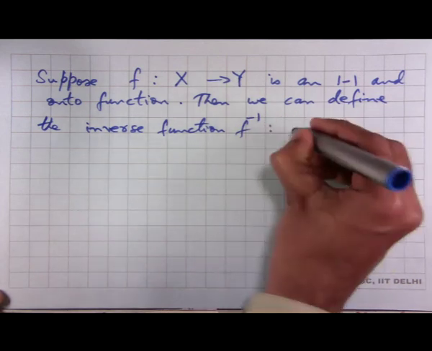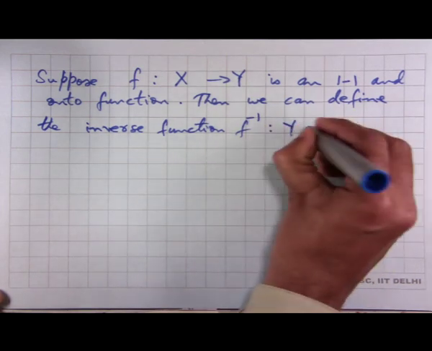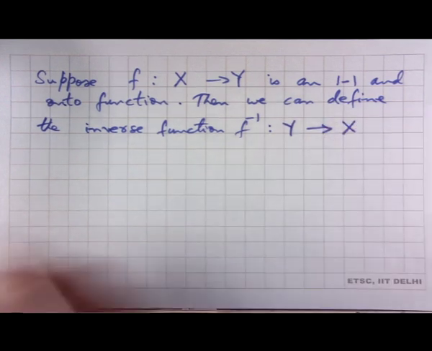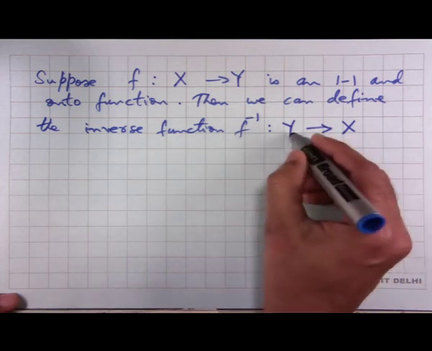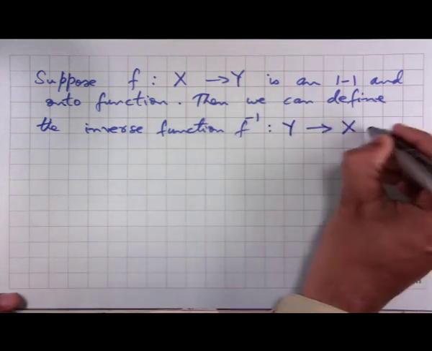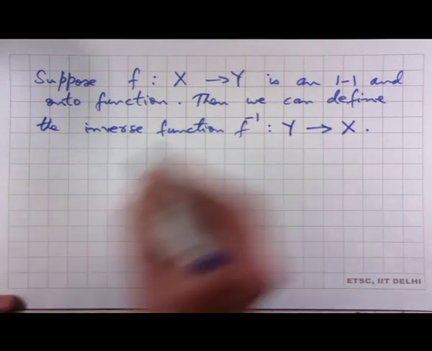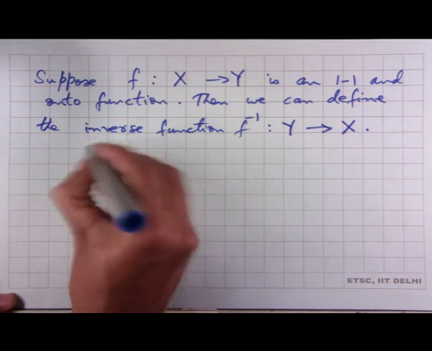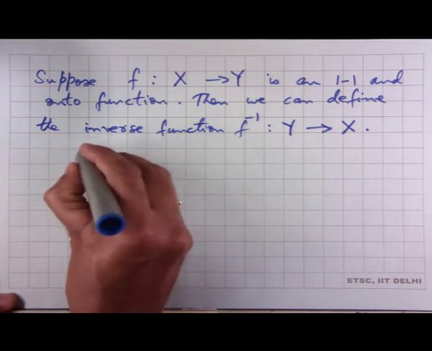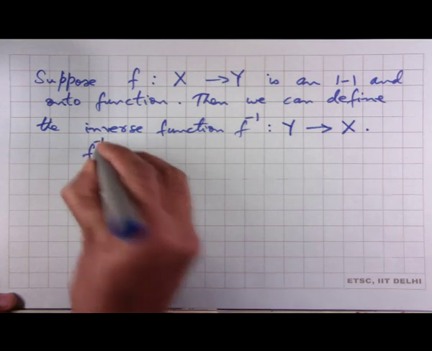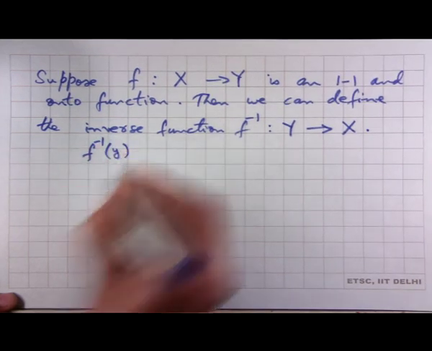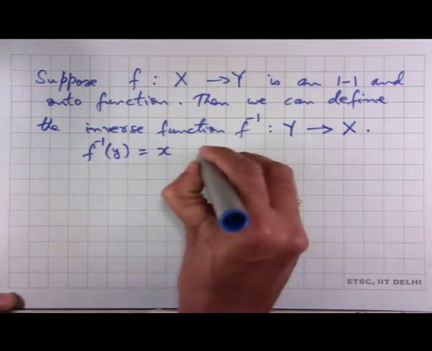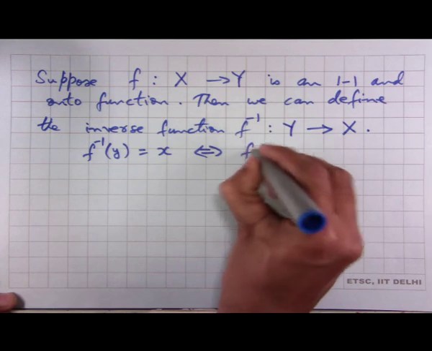This is a function whose domain is Y and the codomain is X, so we have f inverse from Y to X. This is simply defined as f inverse of y is equal to x if and only if f of x is y.